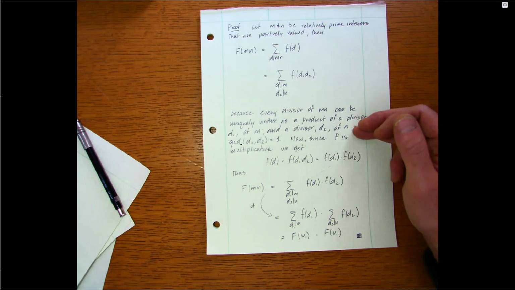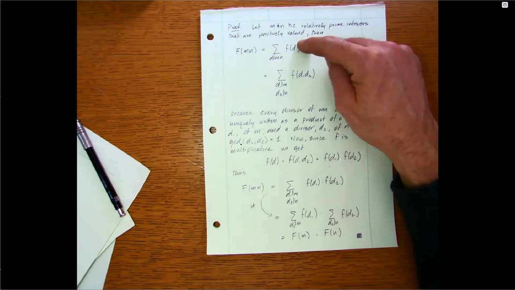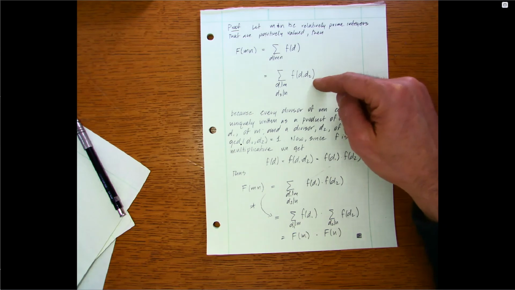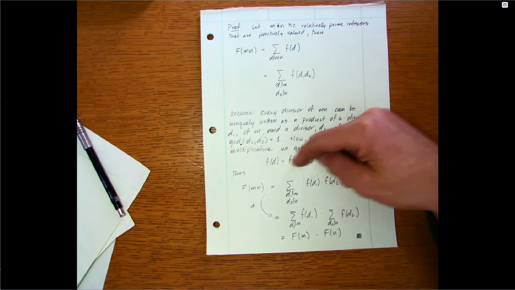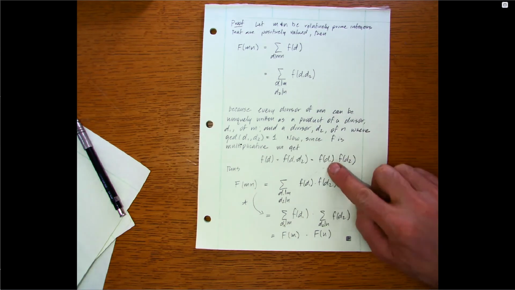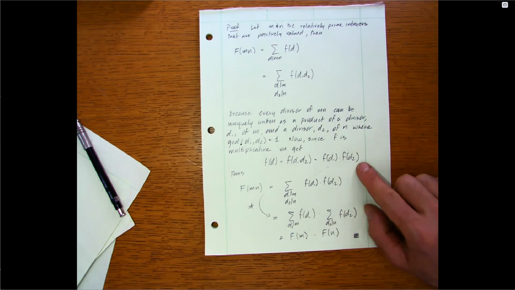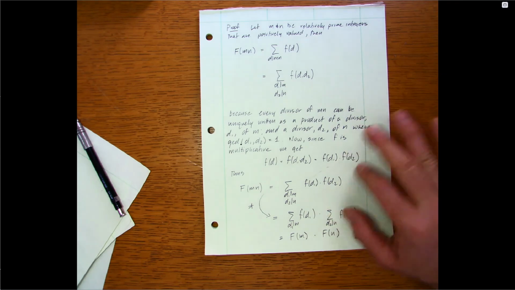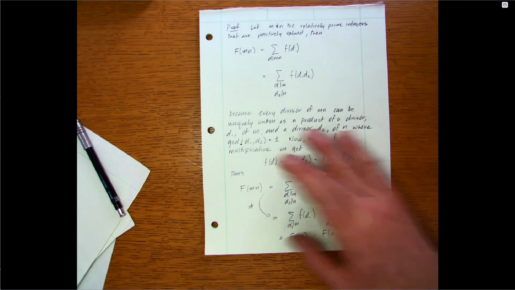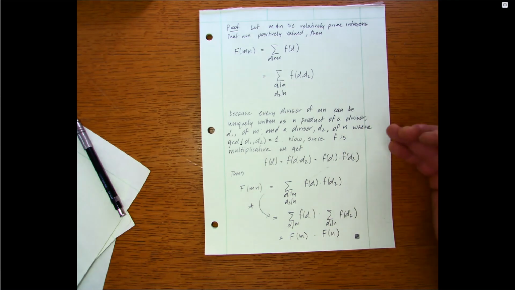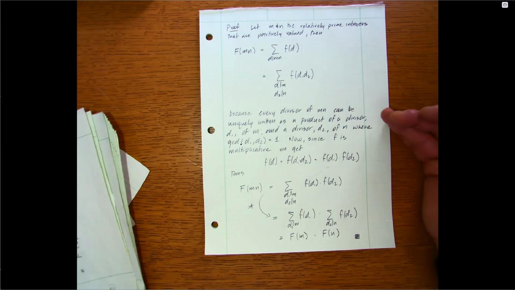So since f is multiplicative, we can consider this f of d, which we've rewritten as f of d1 times d2, to be the product of the function evaluated for d1 and evaluated for d2. This, of course, is the definition of a multiplicative function, so we're simply applying it here, and f is known to be multiplicative, that's one of the givens in the proof.